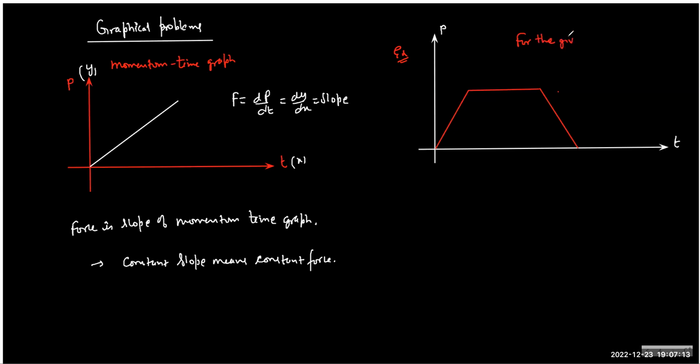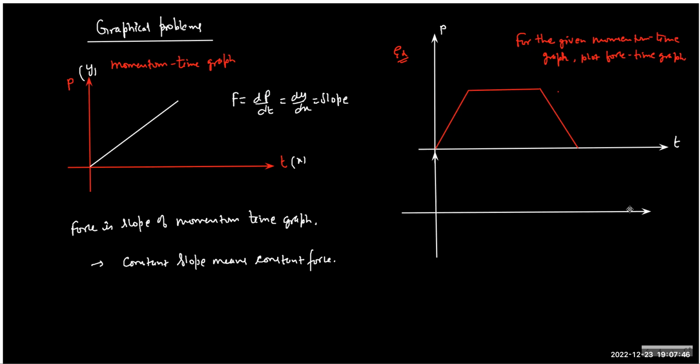For a given momentum time graph, plot the force time graph. So they have given you this graph, then how will the force versus time graph look like?